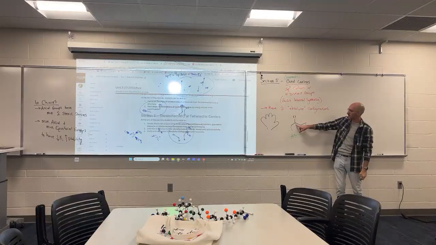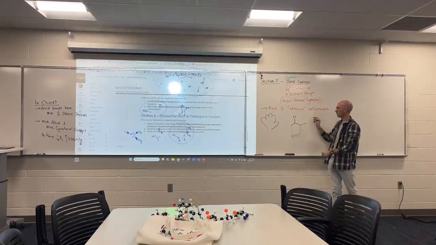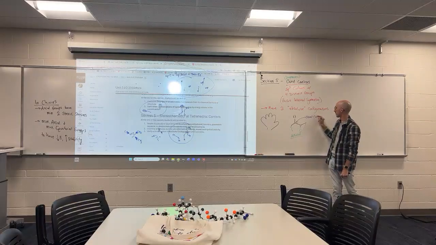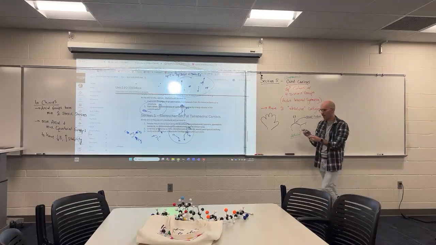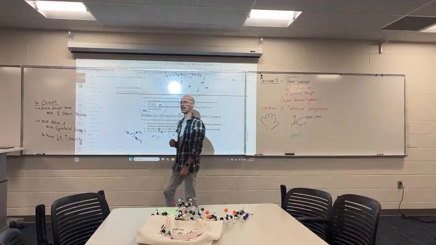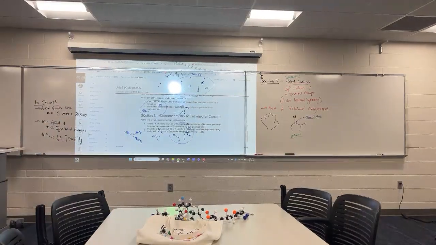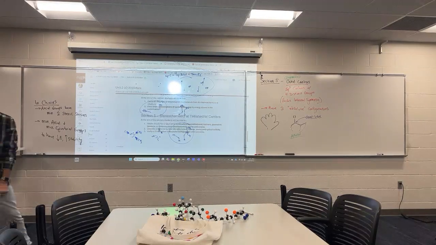But what about this carbon here? This is a chiral carbon, an asymmetric carbon. But it's not bonded to 4 different atoms. It's not bonded to 4 different elements, rather. 2 of the elements it's bonded to are the same. They're both carbon.